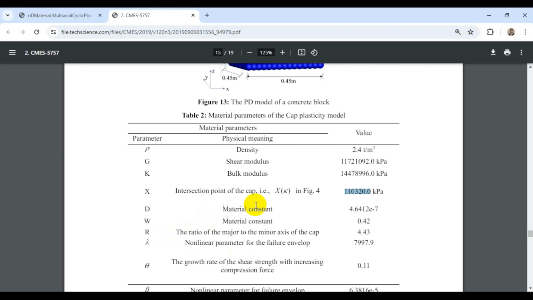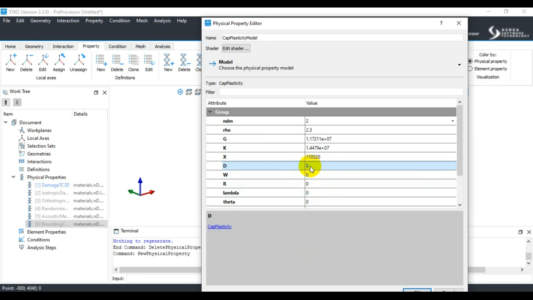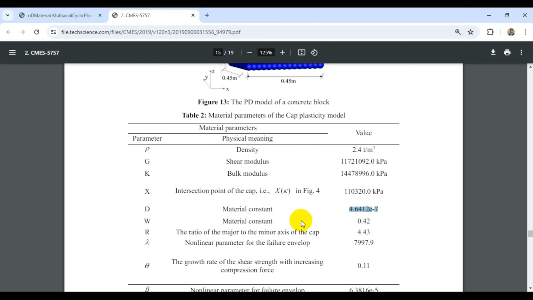Then we have this parameter D, that is a material constant. So you can study more about these parameters in this paper. I will show the name of this paper as well.